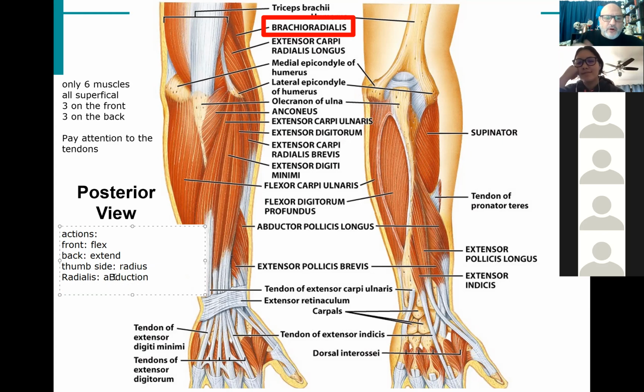Whereas muscles that are on the pinky side, what bone is over there? Ulnar. Excellent. So those are going to be all our ulnarises. And what action would an ulnaris do? Adduct.